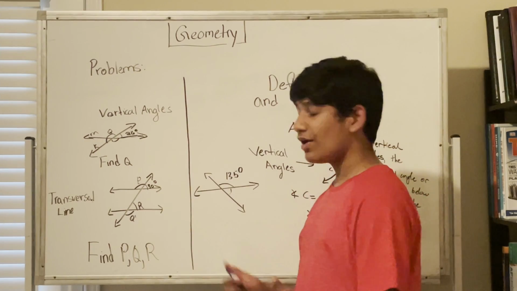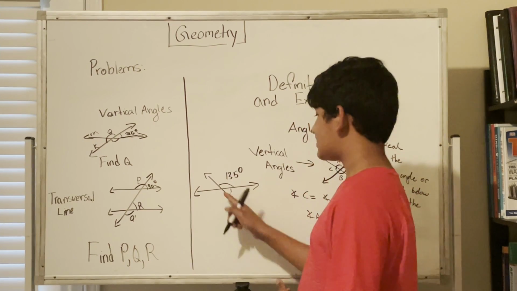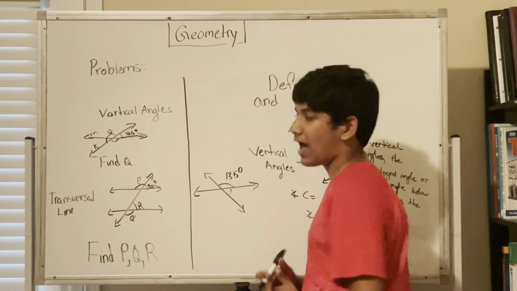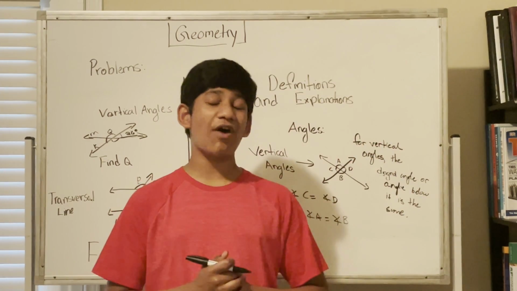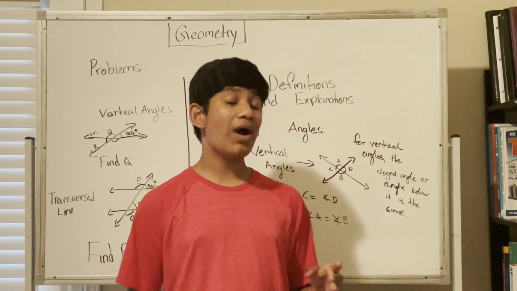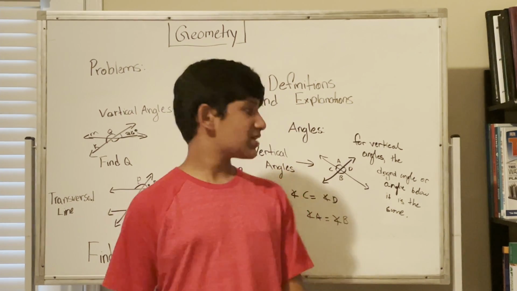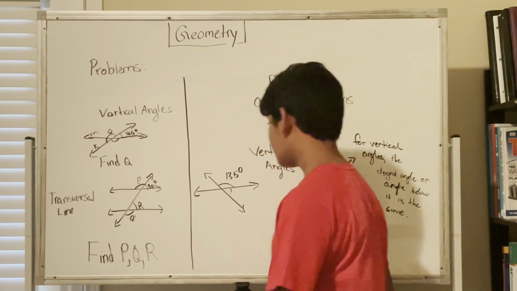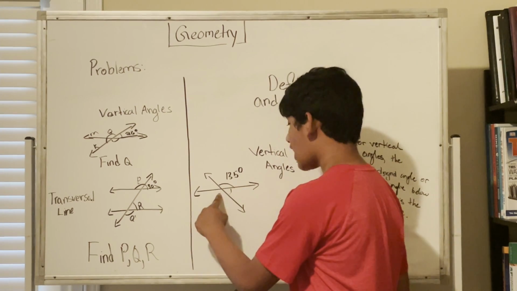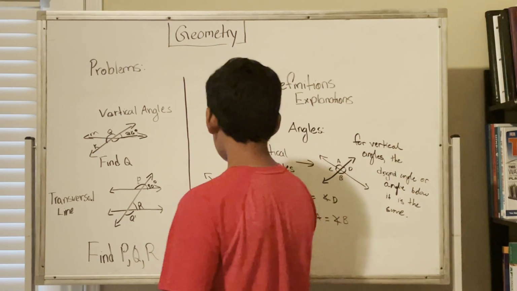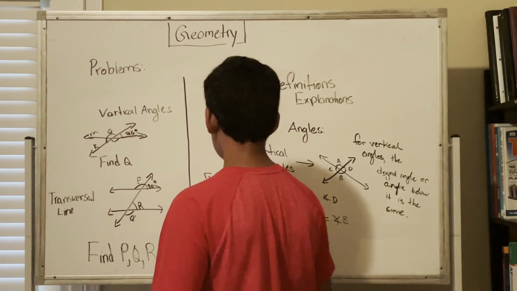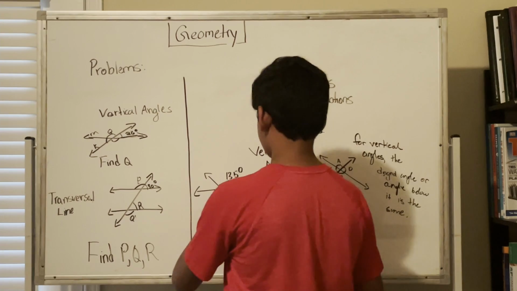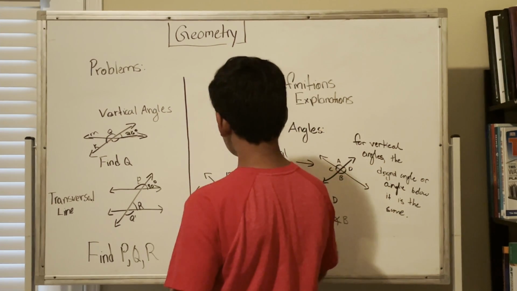How do we find it? We could find it using supplementary angles, but how do we solve this right now? Well, the key comes from vertical angles. The diagonal from 135 is this angle, and diagonal angles are the same. So this is also equal to 135 degrees, which means that these two angles are equal to each other.